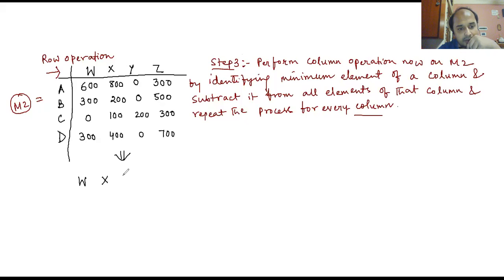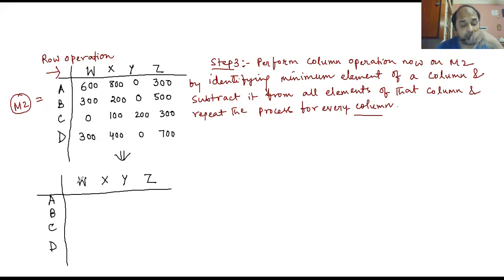So we get W, X, Y, Z and A, B, C, D. Now I'm going to start with the first column, and then I shall gradually move on to the next column and next column, and I shall cover all the 4 columns as given in matrix 2.